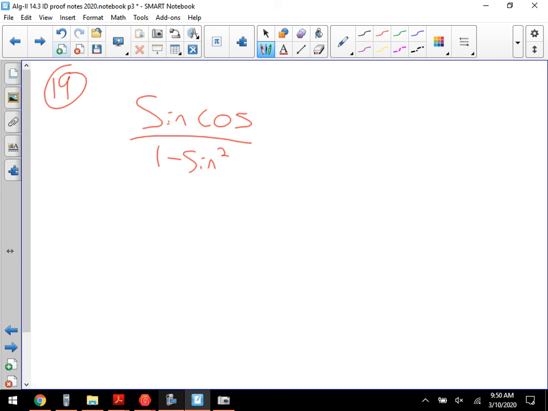So I see sine cosine over 1 minus sine squared. Well, what's 1 minus sine squared? Cosine squared. So right away I know I'm going to wind up with sine cosine over cosine squared. Now what? You can cancel out one cosine, and you wind up with sine over cosine, otherwise known as tangent. There you go.